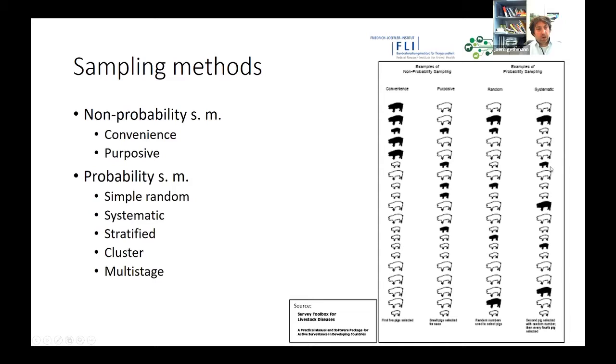You take each 5th animal to test when they are all in a row. Maybe you can write in the chat: it's always called simple random testing. Is simple random testing really simple?